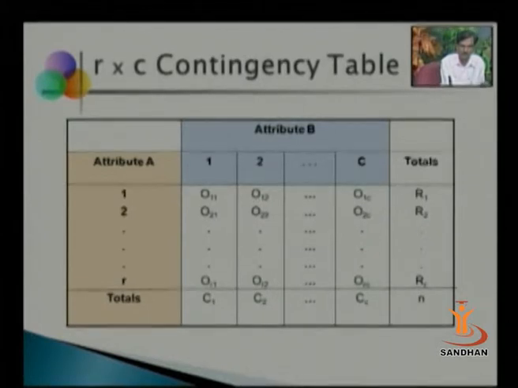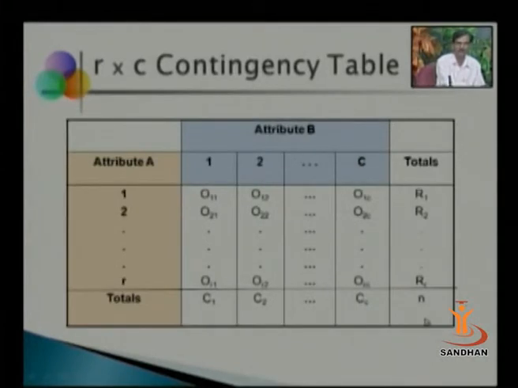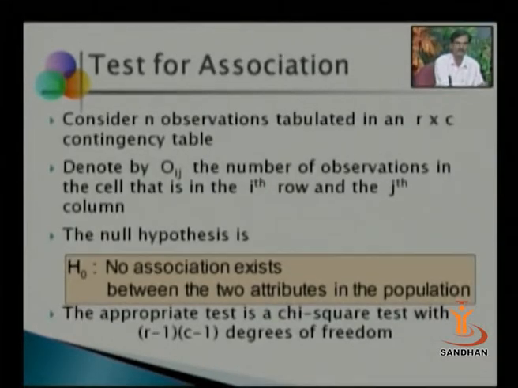This is O11, that is the observed frequency for the first category of attribute A and the first category of attribute B. Similarly we have other values, and the last column is the row total, and the last row is the column total, and here is the total of all observations, that means total of row totals and total of column totals.